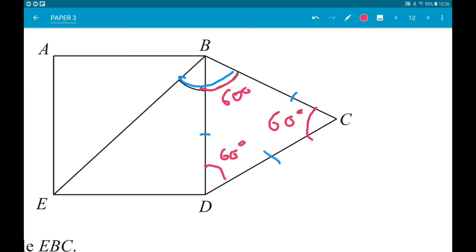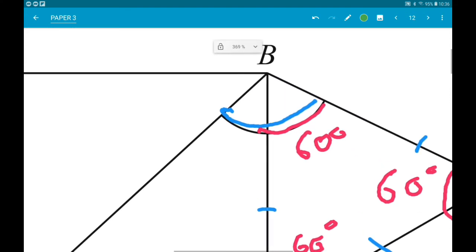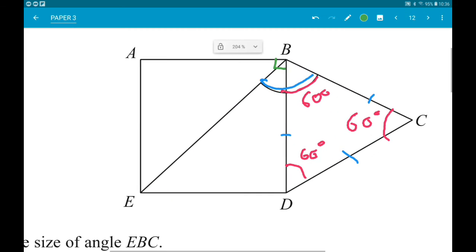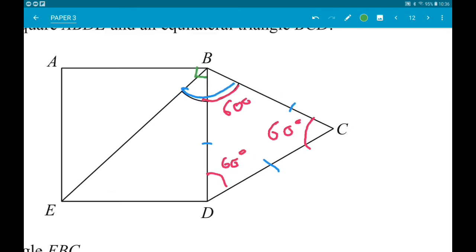Okay, now, because this other chap is a square, we know that this angle has to be a right angle, and it's being cut exactly in half. So a right angle is 90 degrees, 90 divided by 2 is 45.